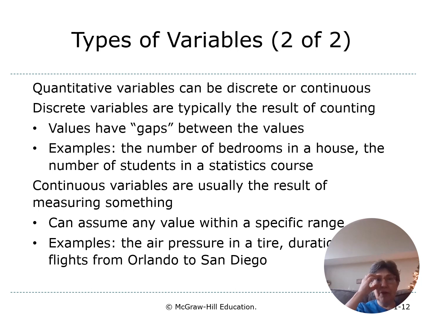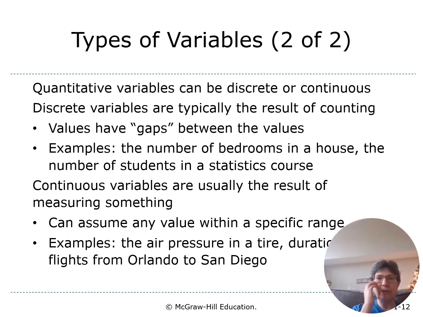Quantitative variables can be discrete or continuous. Discrete means that they're the result of counting things, and there are gaps and an equal distance between each of the values. So the number of bedrooms in a house, the number of students in a house, those kinds of things. Continuous variables are not segmented.